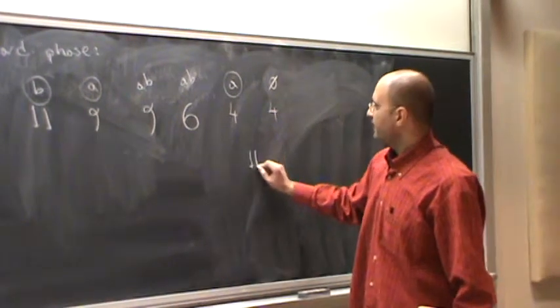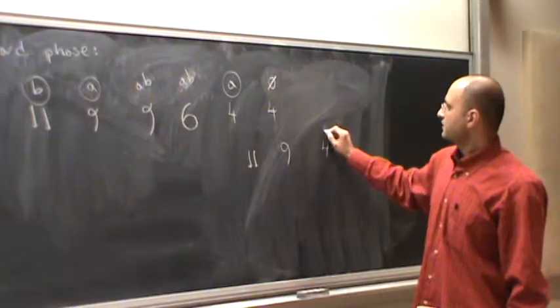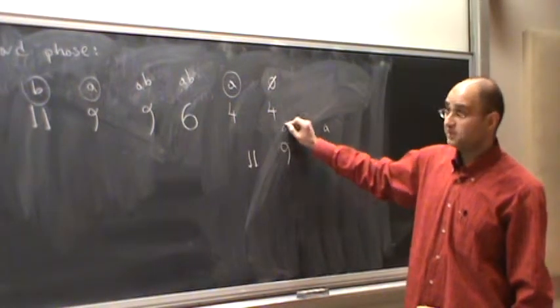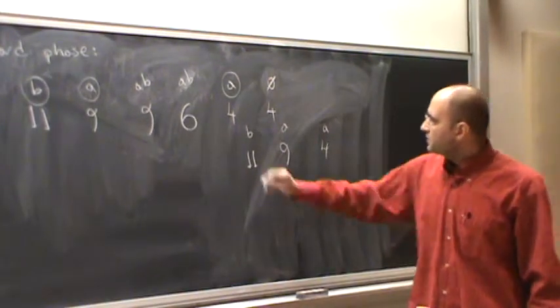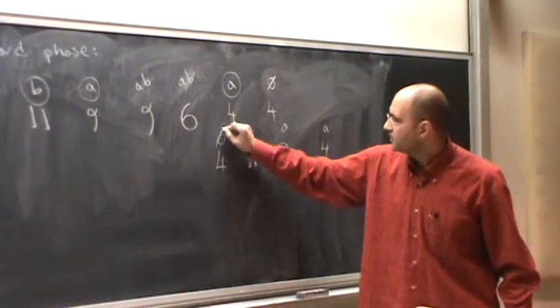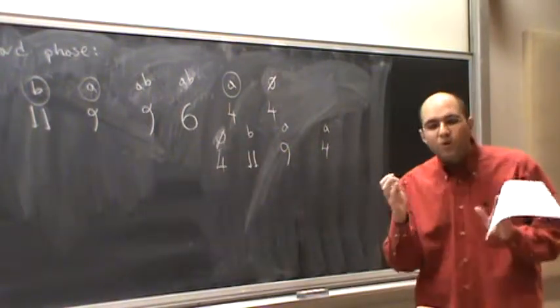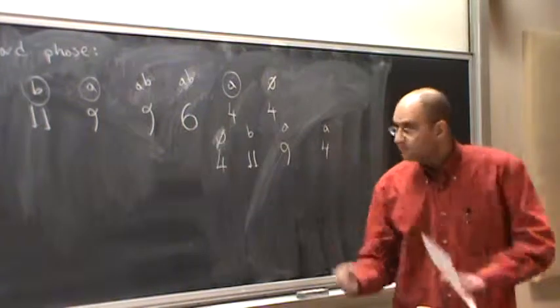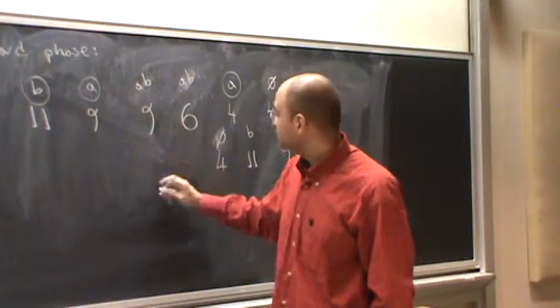So we would have 11 here, 9 here, and 4. 4 is labeled A, 9 is labeled A, 11 is labeled B, and we would have this unlabeled part in the middle, and we collect all the hybrid labels on the left. So there are 2 of them, 9 and 6.